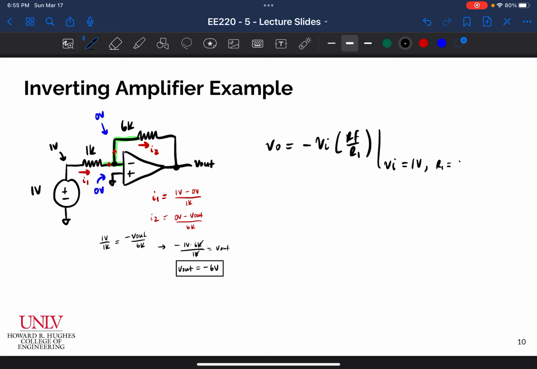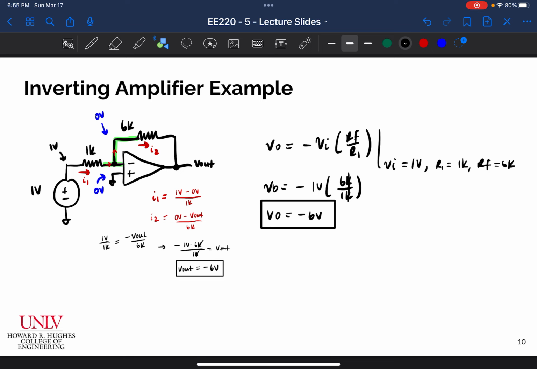R1 is going to be 1K, and RF is going to be 6K. So let's plug those values in. I get negative 1 volt times 6K over 1K. K's cancel, and I get V out is equal to negative 6 volts.